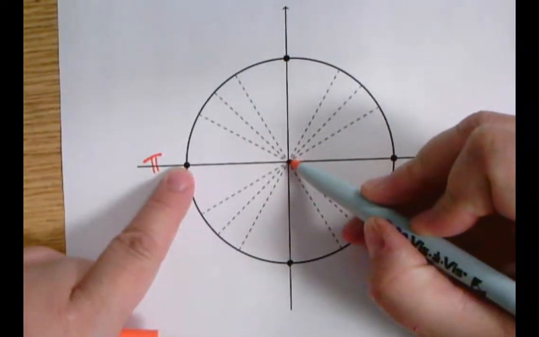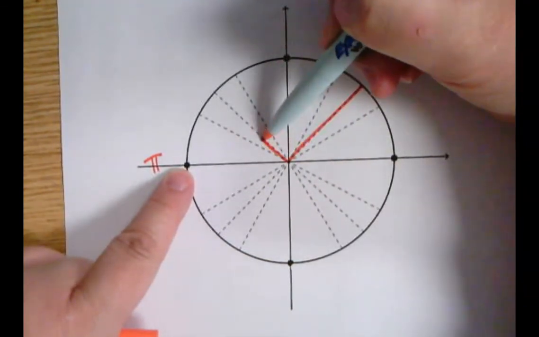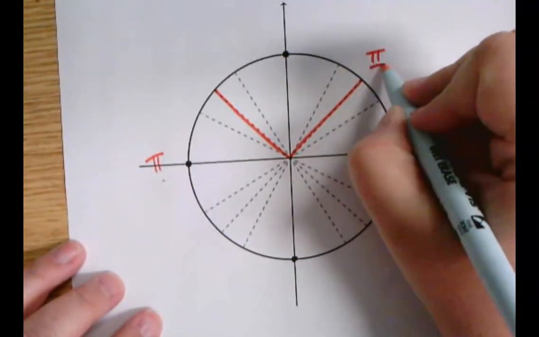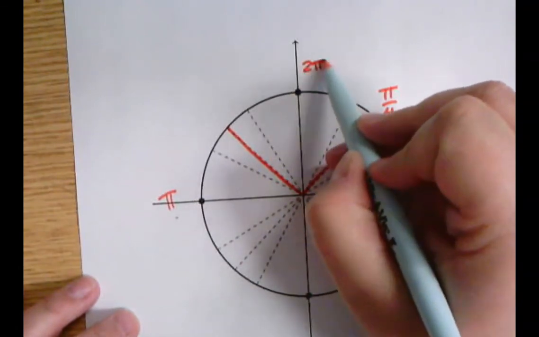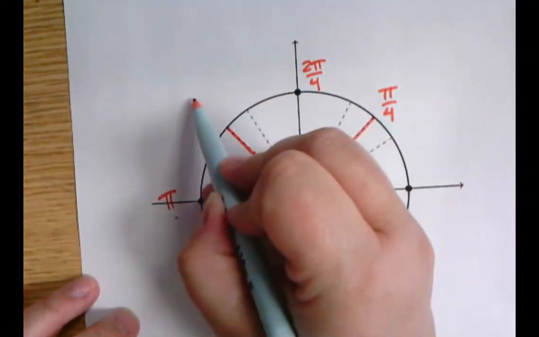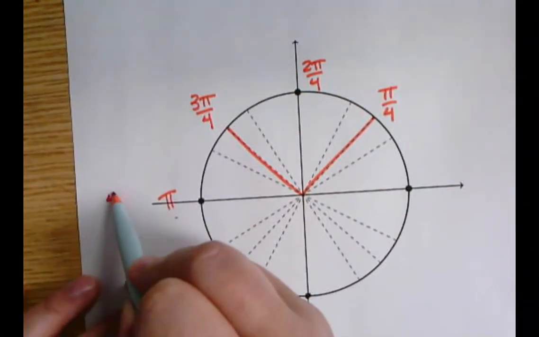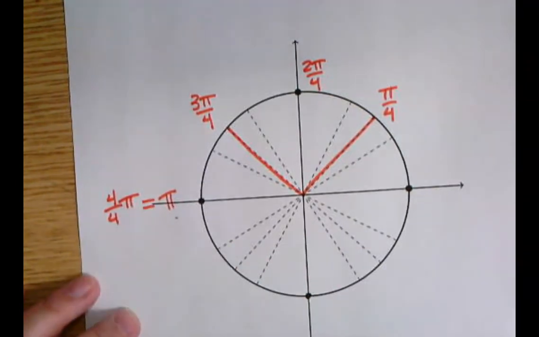So going right through the middle of each quadrant breaks it into 4 pieces. 4 pieces is the same as fourths. So this is 1/4 of pi. This is 2/4 of pi. This is 3/4 of pi. And this is 4/4 of pi. That's the same thing as 1 pi.